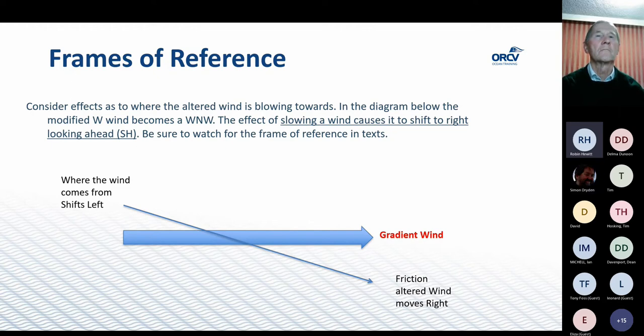Now, the terminology you have to watch in textbooks and so on, just what their frame of reference is, because some can say that the wind shifts left, but they're talking about the foot of the arrow of the new wind direction, whereas we work on the basis that we're looking at where the arrow shifts. And for our purposes, when the wind slows, the wind moves right in direction.